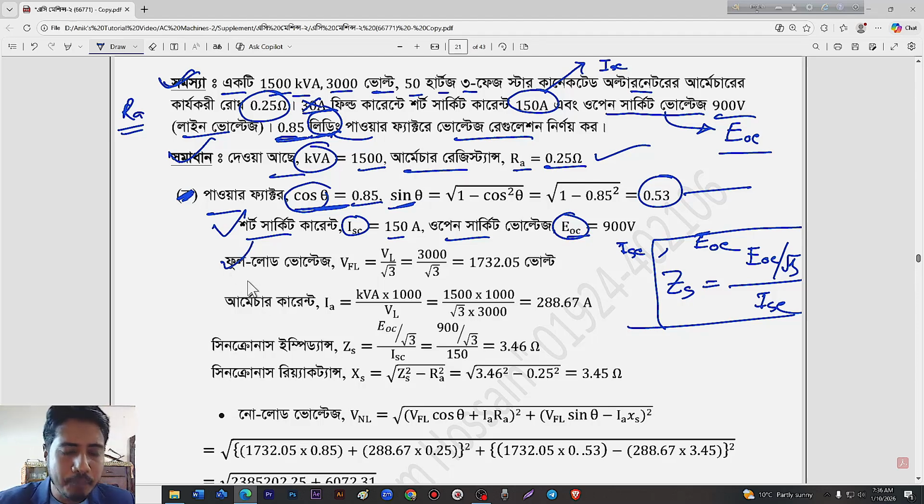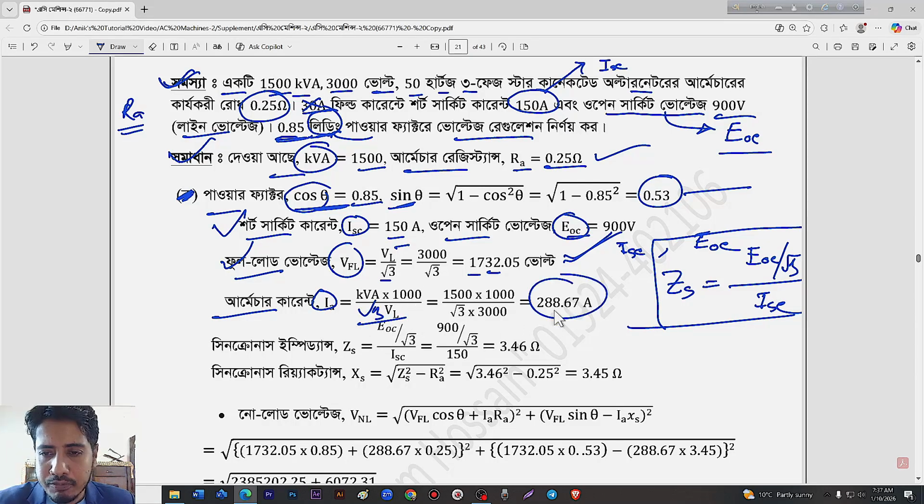Now the full load voltage, for this 3-phase system, is VL divided by root 3, and from this calculation the full load voltage is 1732.05 volt. The armature current I equals kVA into 1000 divided by root 3 VL, and we get the armature current as 288.67 ampere. This is very simple.